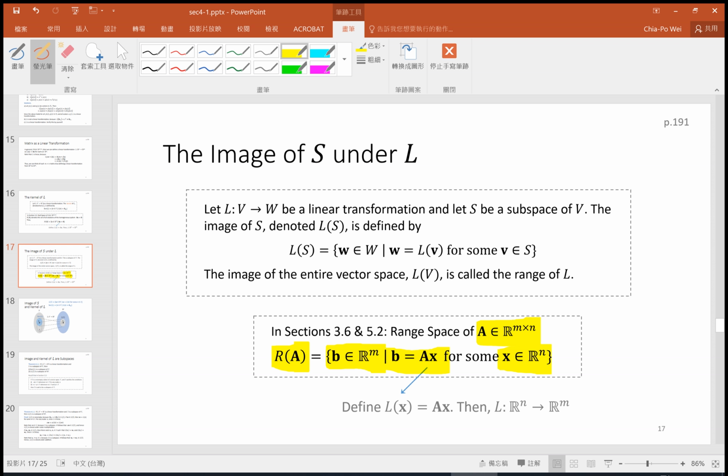If we define the mapping L as L of x equals Ax, then the range space of A is exactly the range of L.